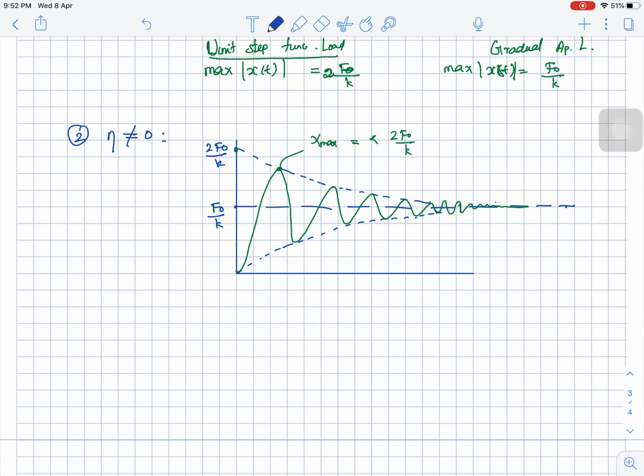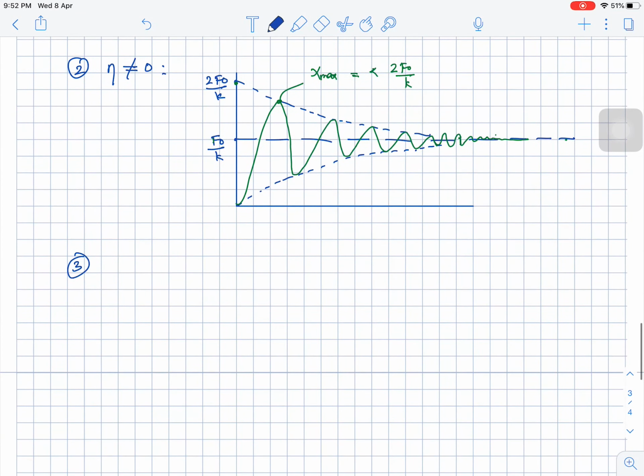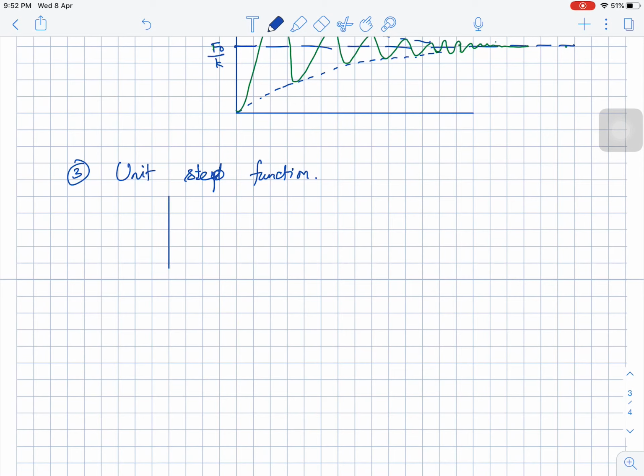The third remark will be what is unit step function, how to produce this in experimental way. So this is the graph of t. It is impossible to produce the wave very sharply, so therefore it will gradually increase and it will stay. So there will be always some time, so this we call it tc. So tc is the time needed to apply the load.